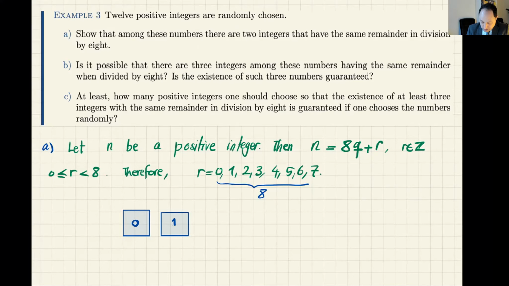So if the remainder is 1, I will take that number and put it inside this box. But because of this rule that we learned in number theory, I know that I have only 8 boxes available for the remainders of the division of a number by 8. And those are 0, 1, up to the last one, which is 7. So if I ask you how many pigeonholes I have, I would say that I have 8 pigeonholes.